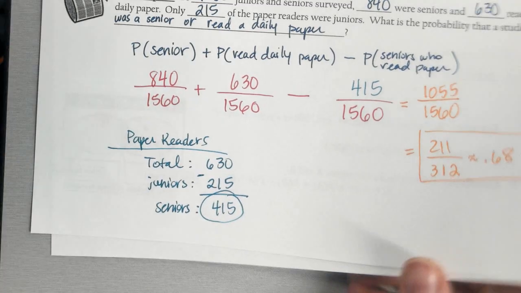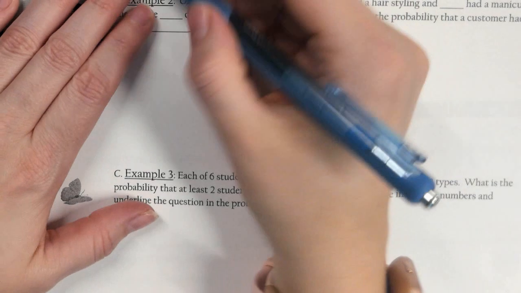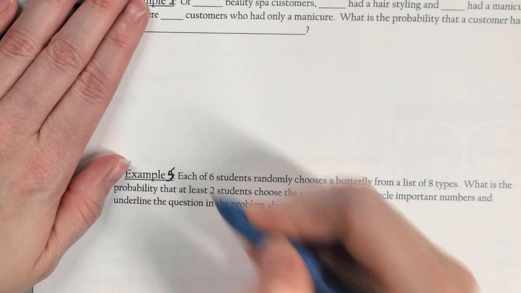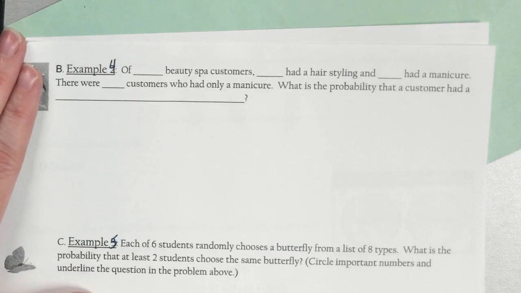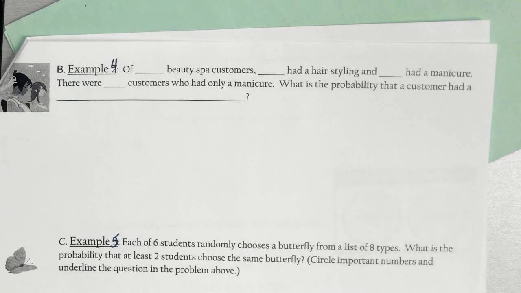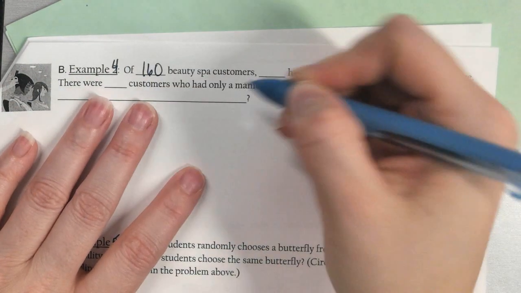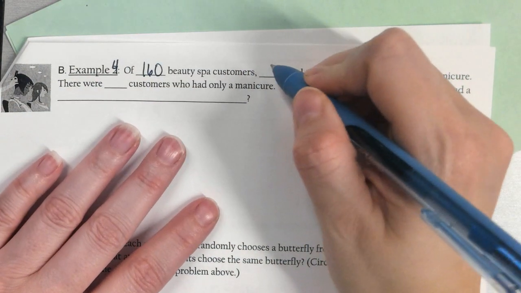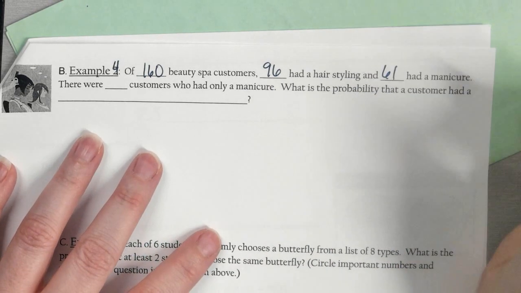Alright, so based on what we did for this one, we do have to change the name of these examples. So this should say 4, 5, and 6. Okay, I'm going to give you the values, and I want you to set it up just like the last one, okay? So of 160 beauty spa customers, 96 had hairstyling, and 61 had a manicure.